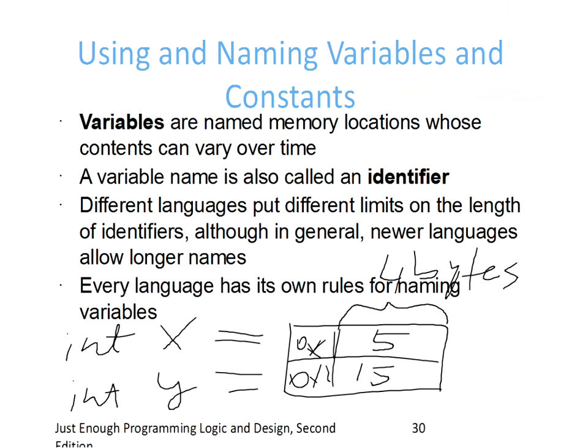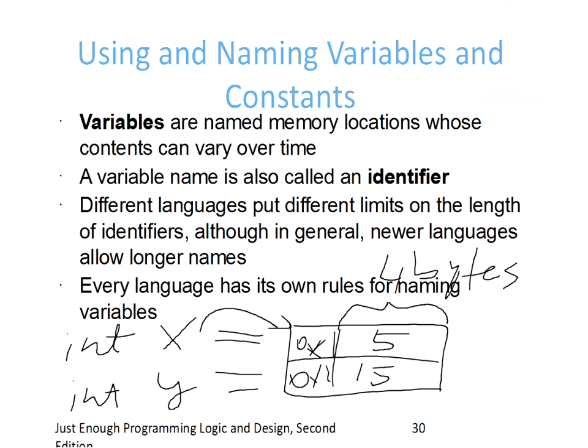So the operating system looks at what is this pointer, right? The pointer is the variable. The pointer is the named memory location. But the operating system looks at what type is that. Well, that is an integer type. An integer type is 4 bytes.